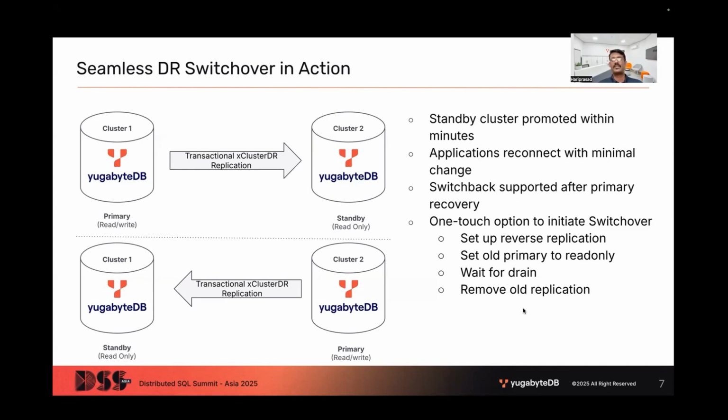This is one of the activities where we can reduce complexities at the database side, where the entire switchover and switchback activity is automated. You can couple these switchover APIs with your automated application workflow, and we have customers doing it successfully.